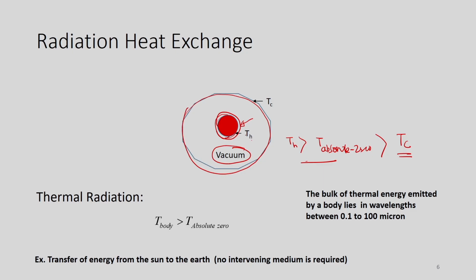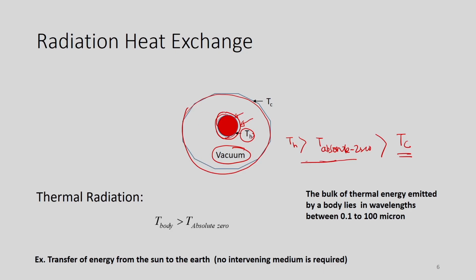So, what happens, since this hot object temperature is more than the absolute 0, it will start emitting thermal radiation, and because of this radiative heat exchange, this object temperature will reduce, and the only mode of heat transfer will be radiative heat transfer, because no medium is present.